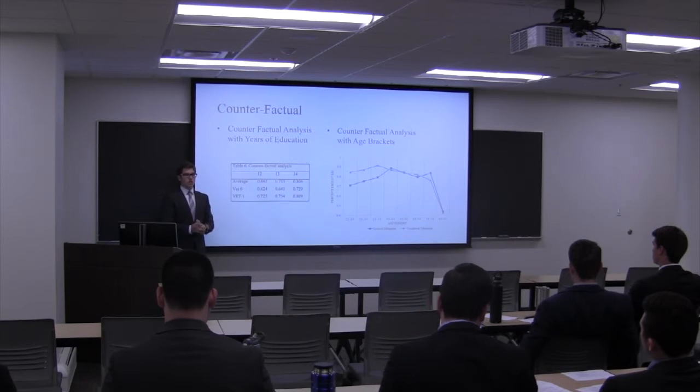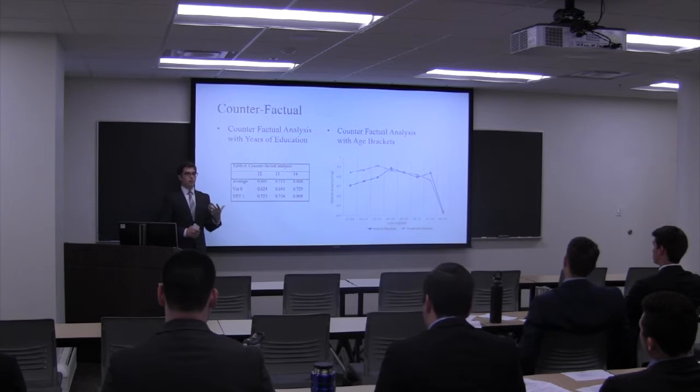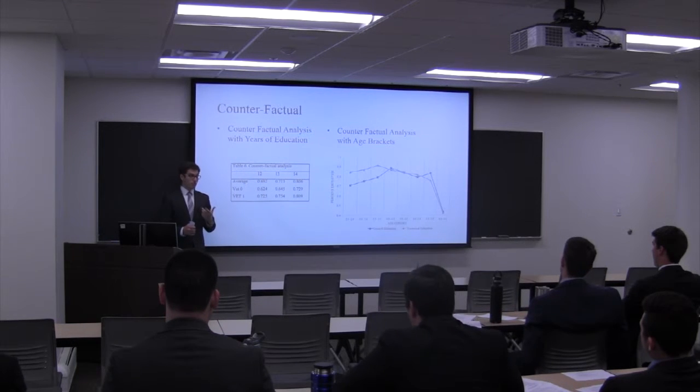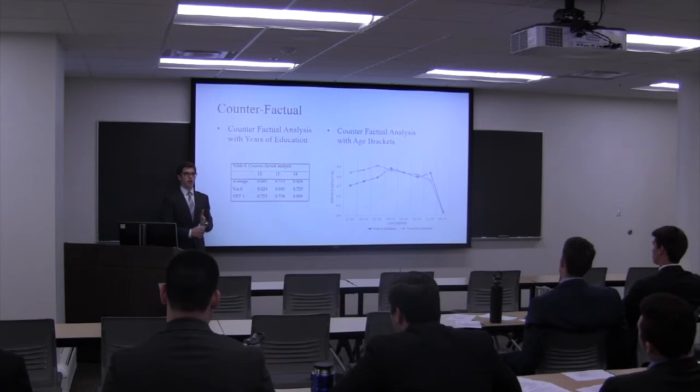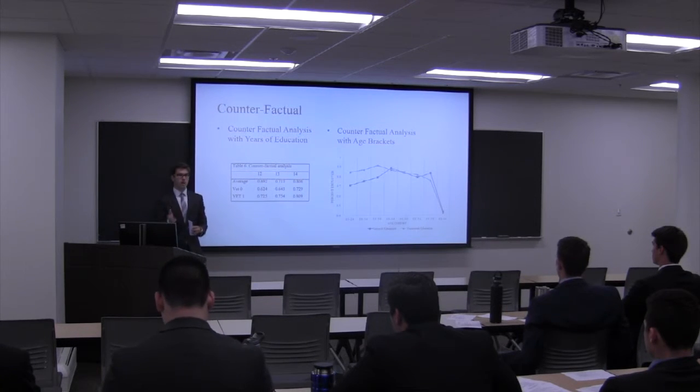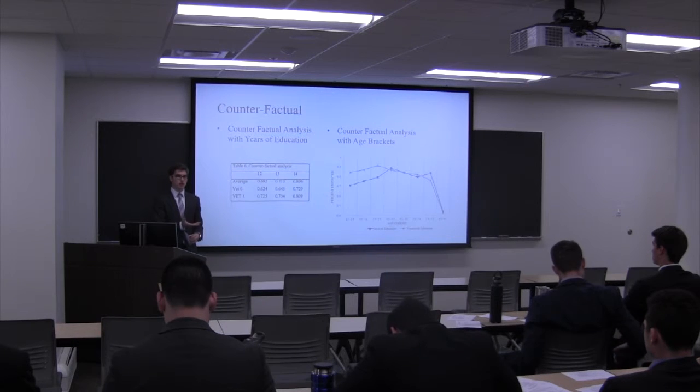Starting at 25, I omitted people younger than 25 because I think labor force participation under the age of 25 is not very high, for various reasons. On the other end of the spectrum, at 60 to 64, I omitted 65 because that's the last year of the surveying.